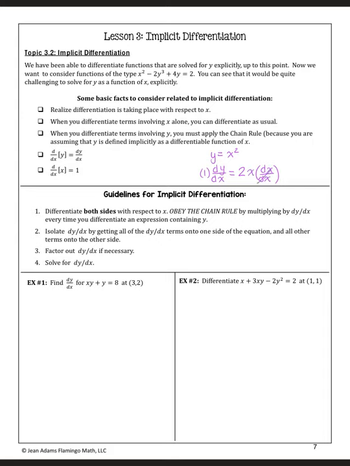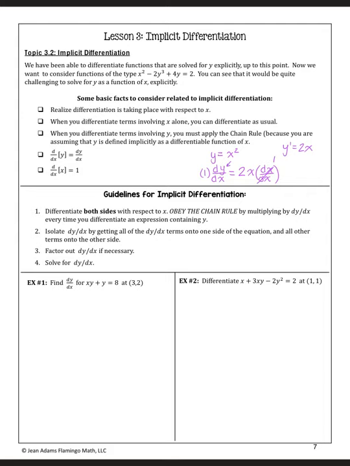The dx dx actually turns into 1. But this dy dx, that's what we know as y prime. So we've actually been doing this all along, but we just haven't written it out.